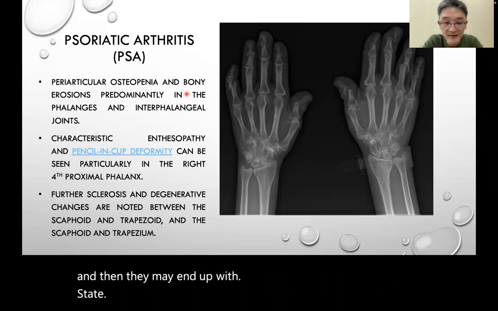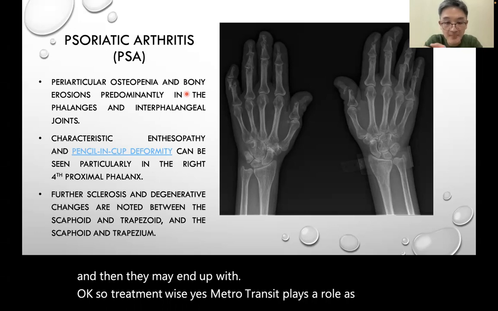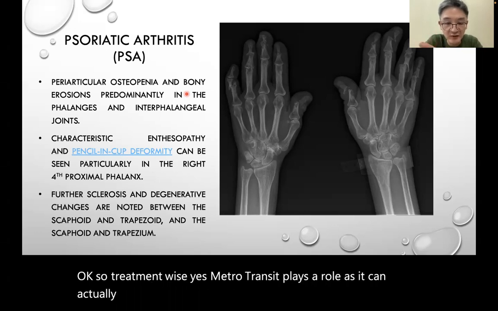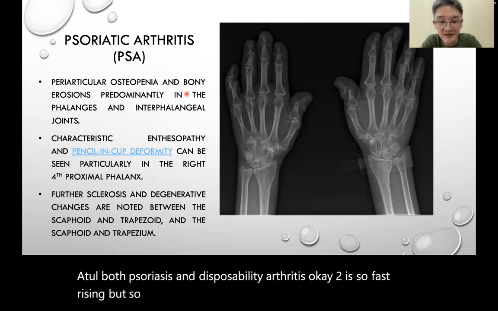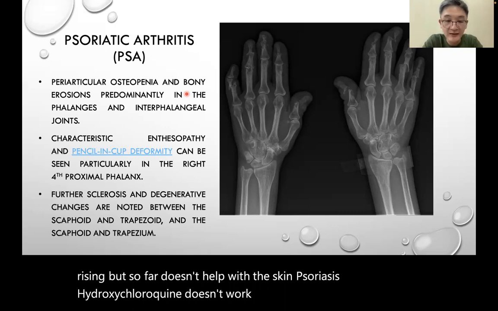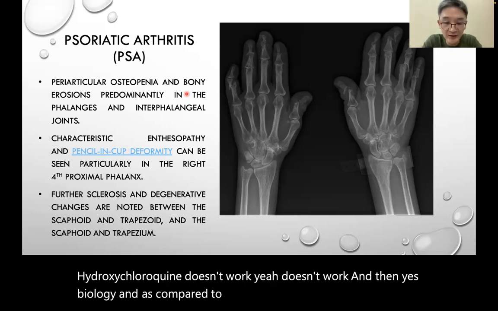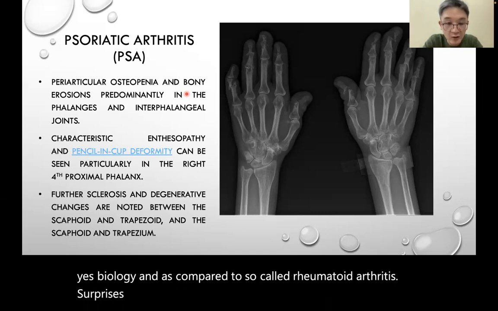So treatment-wise, yes, methotrexate plays a role as it can control both psoriasis and psoriatic arthritis. Number two is sulfasalazine, but sulfasalazine doesn't help with the skin psoriasis. Hydroxychloroquine doesn't work. And then yes, biologics.